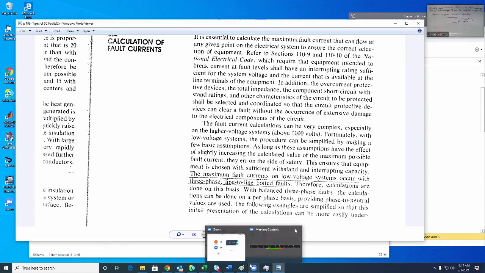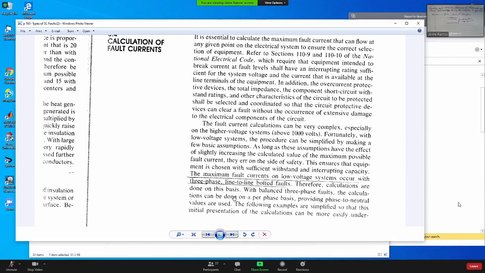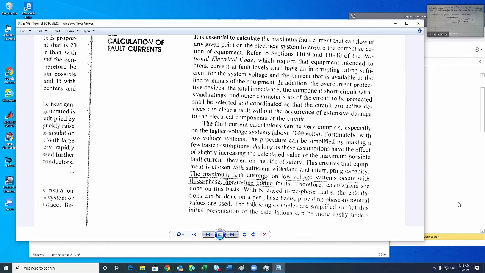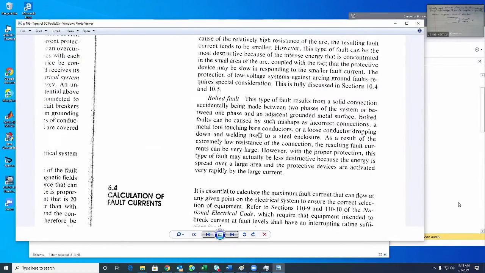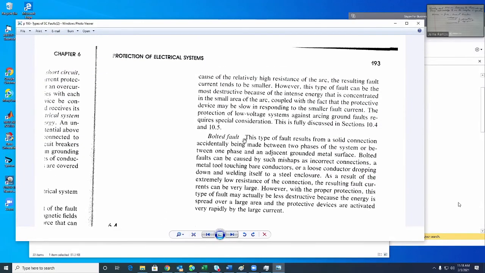Fine, so let's continue. We have different types of faults, and one of them is the line-to-line voltage fault. There's no arc here. Let me see the definition of a voltage fault.